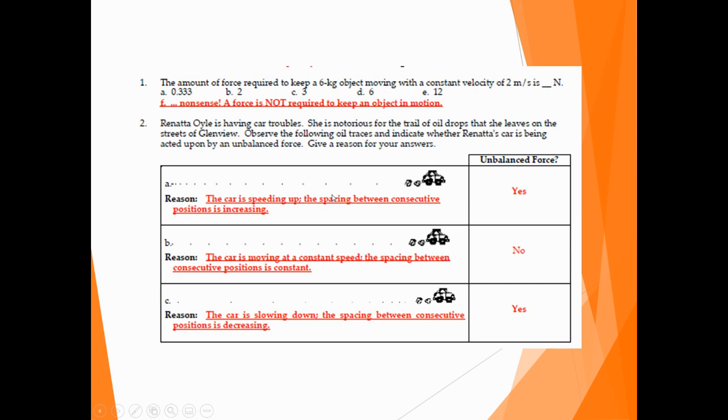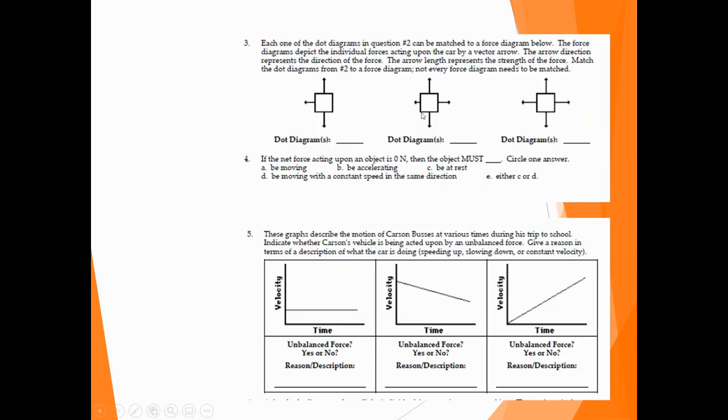So in order to be speeding up, they actually have to have more force going to the right because that's the direction the car is moving. So the middle diagram here really corresponds with this car speeding up as it's moving to the right. And so the one that's remaining is the first one, which is letter C.